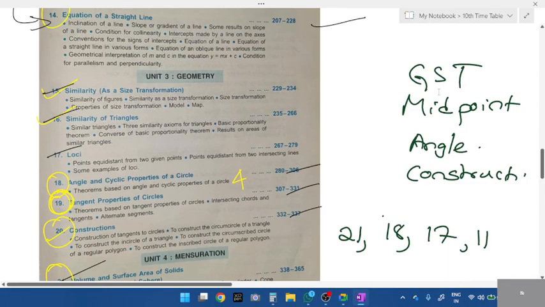Okay, GST midpoint. 1 minute. Yeah. Just a minute, students. Stay online.